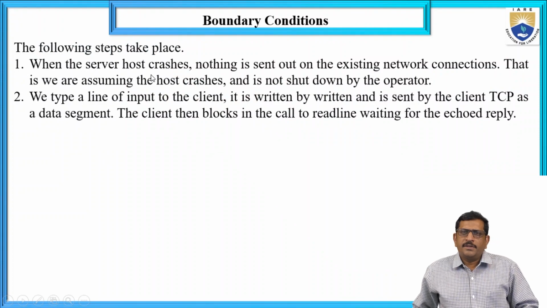While the server host crashes, nothing is sent out on the existing network connection. If the server crashes, we can't send from the server to the remaining clients, and the server, if it fails, can't receive information from the clients.